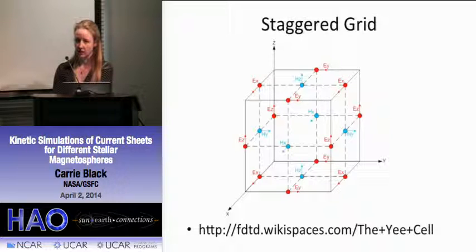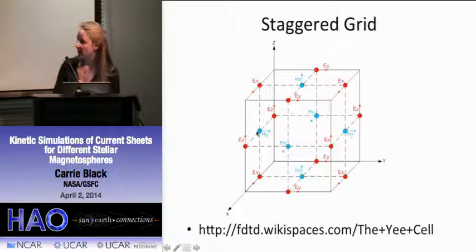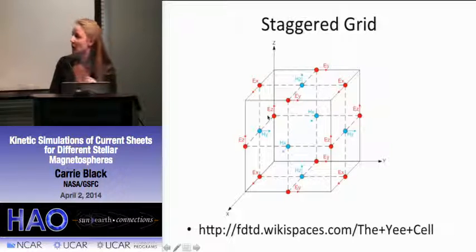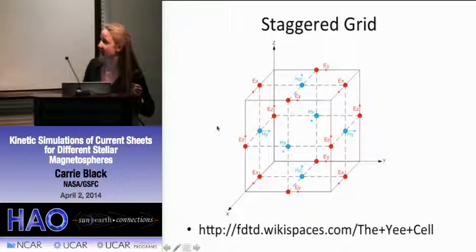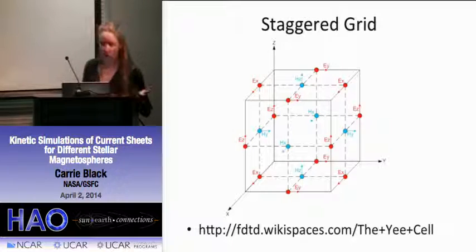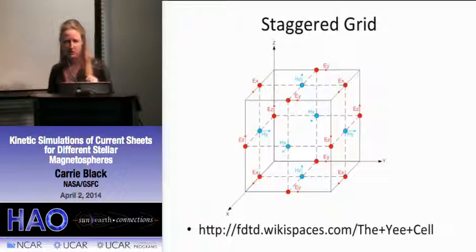But beyond that, as you time advance, any time advancing of the magnetic field only happens through the electric field. So for the electric field, you need to have a value in the ghost cell, outside of the domain, right? You don't need to carry the magnetic field out here, essentially. So in the ghost cell, you impose an electric field, or impose a zero electric field, or whatever is appropriate for, say, a conducting wall or periodic or open boundaries, which we're trying to implement. Does that answer your question?